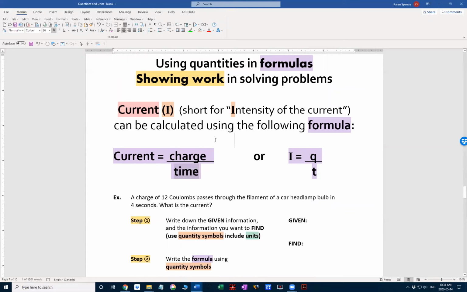So it's the charge per unit time, or the charge, that should be a capital Q. Sometimes they represent it as a lowercase q, but just for consistency this year, we're going to call it a capital Q. I, current, is equal to Q, quantity of charge, over t, time. So intensity of current, quantity of charge, time.